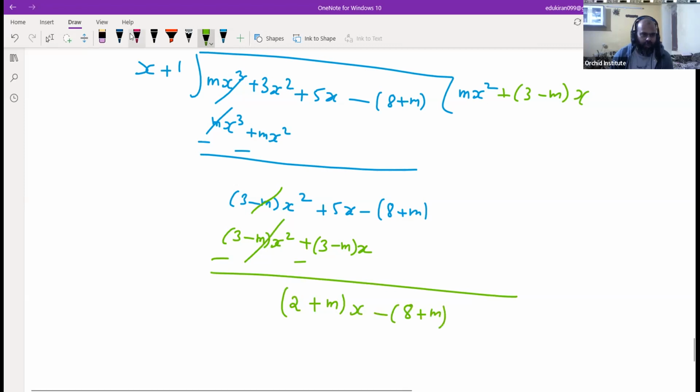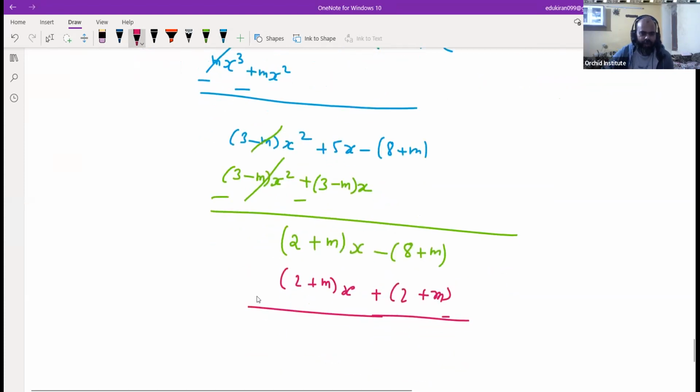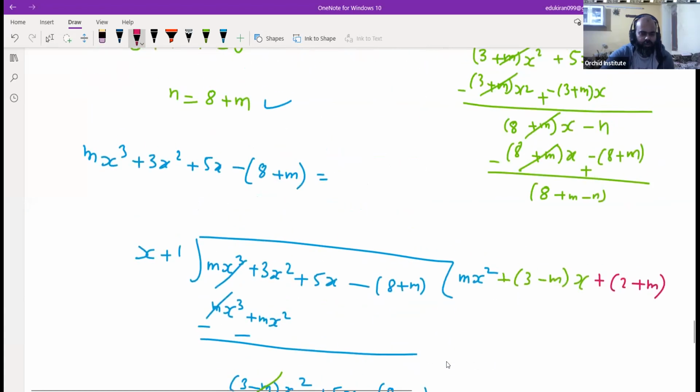In the next step, you will take plus 2 plus m, so it will be 2 plus m into x plus 2 plus m. When you subtract, this will cancel and this will be minus 10 plus 2m. So this is what you are getting.